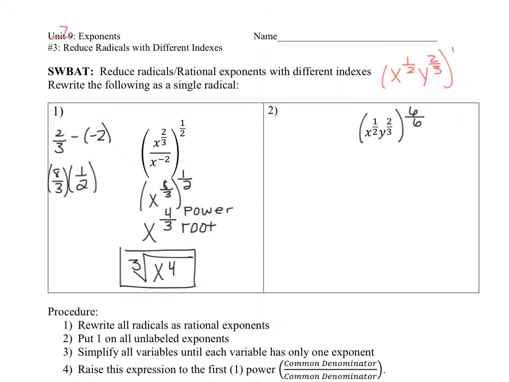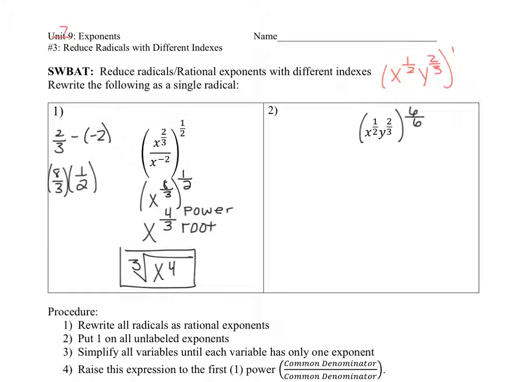If we want to get them to be the same radical, we raise it to the common denominator, 6/6. Now we can't just distribute the power in, unfortunately. We have to break this 6/6 up.